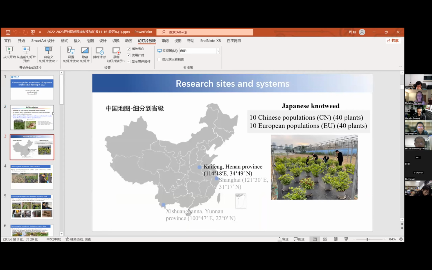Okay, let me start. Because of the plant limits at Kaifeng, we only have 2 Japanese knotweed populations, the Chinese population and the Europe population. Each population we have 10 sites and 40 individuals.